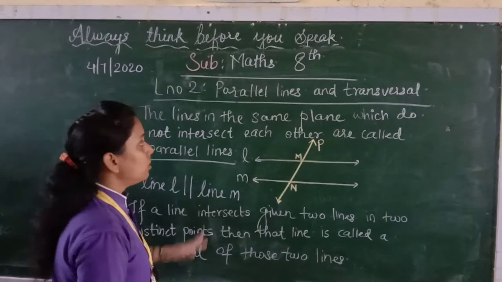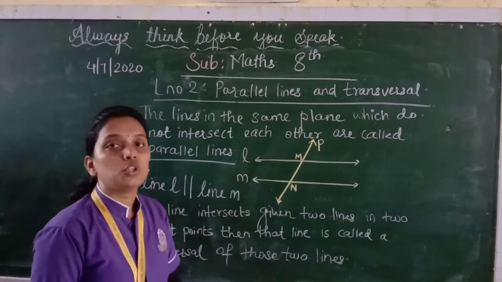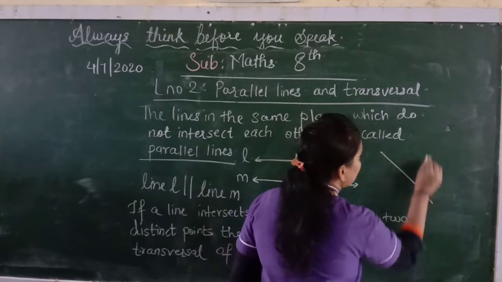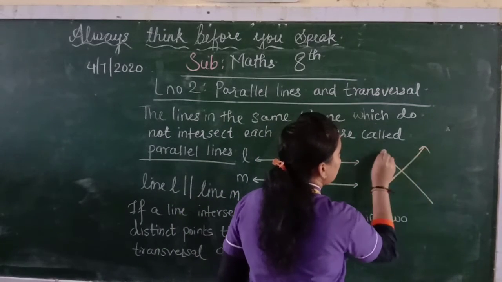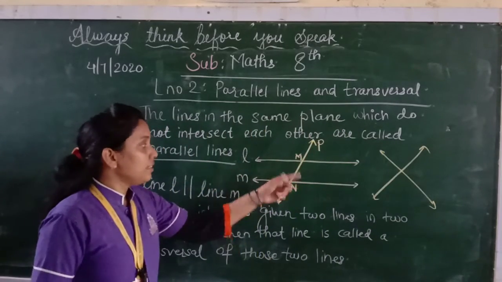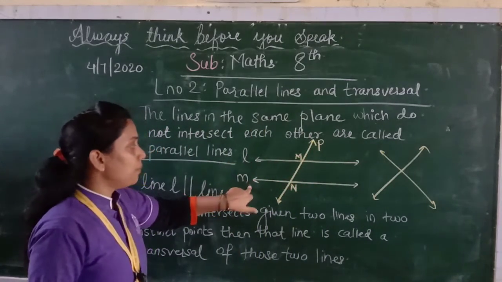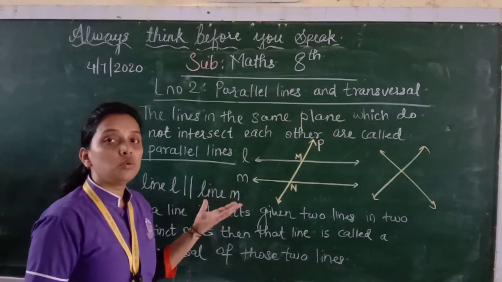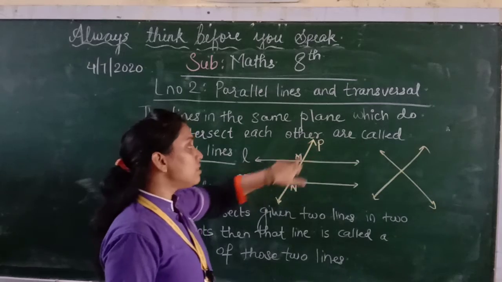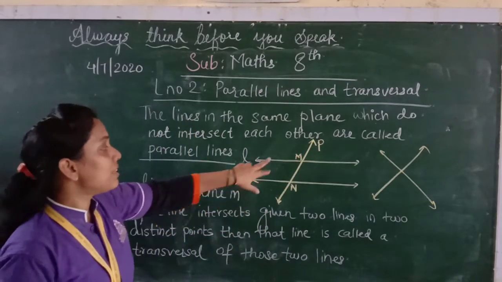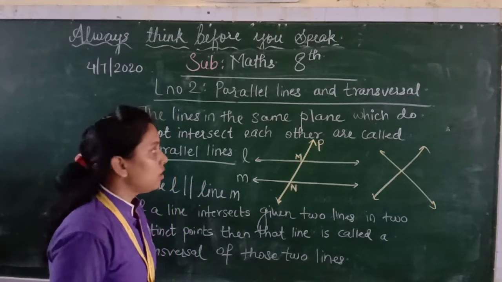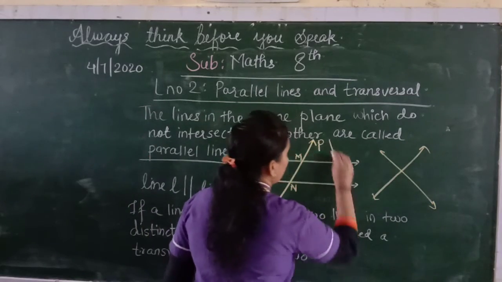So remember, parallel lines are lines in the plane which do not intersect each other. Intersecting lines are like this. See, they are intersecting at this point. So these two lines, L and M, are parallel lines because they do not intersect each other, while the line P is a transversal which is intersecting the two parallel lines at two points M and N. Now you can draw one more transversal over here.